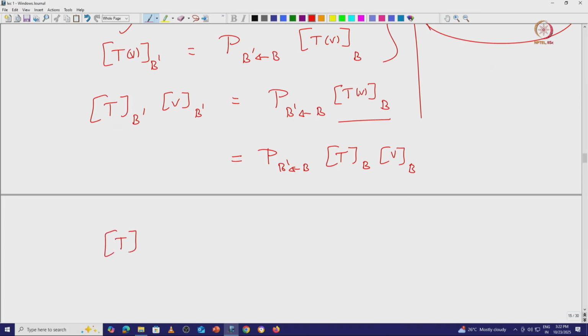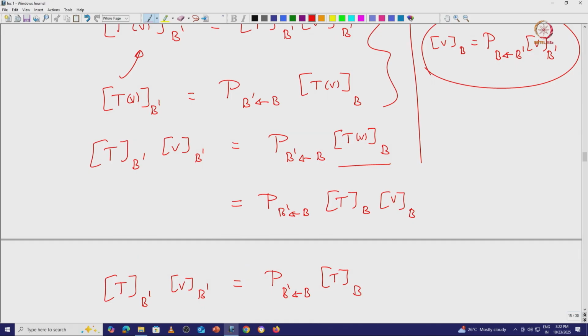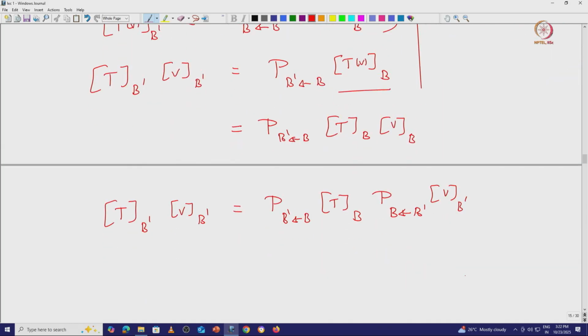So, in particular we get the matrix representation of T with respect to B dash times the coordinates of V with respect to B dash equal to the change of basis matrix from B to B dash times the matrix representation of T with respect to B times the change of basis matrix from B dash to B times the coordinates of V with respect to B dash.